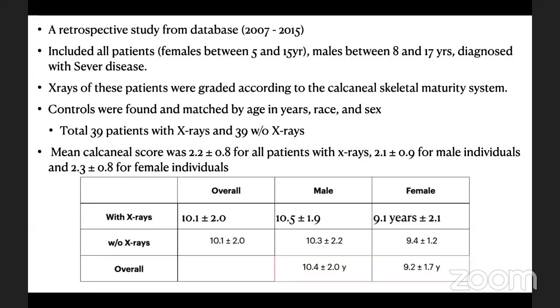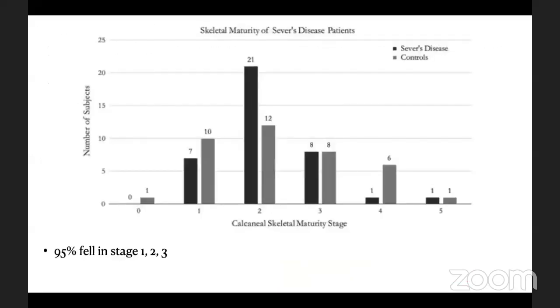In males, it was more as compared to females. Without X-rays also, there was no significant difference in the chronological age of patients with or without X-rays, but an overall significant difference was found between males and females who were diagnosed with severe disease. 95% of all their patients fell in stage 1, 2, or 3, with the majority of the patients diagnosed with severe disease lying in stage 2.